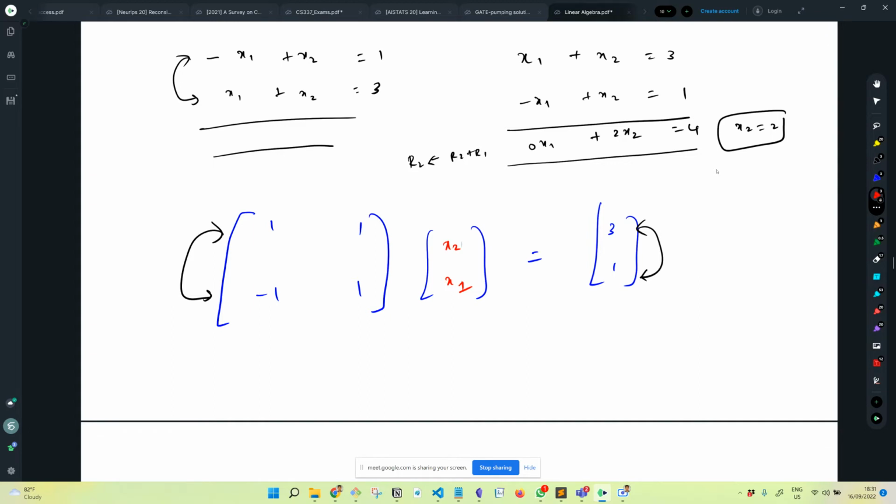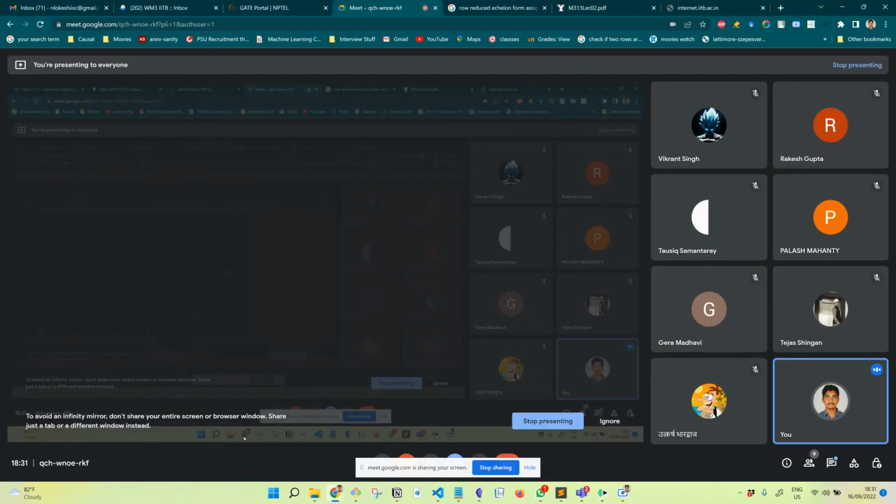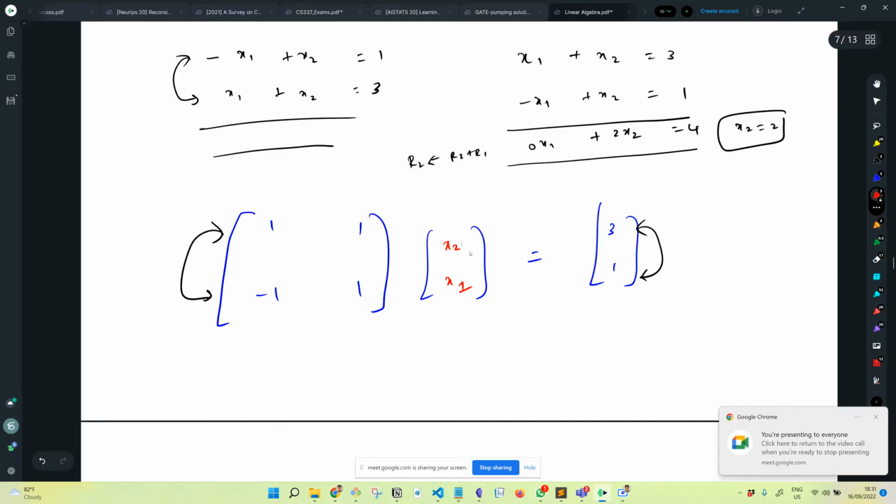Can somebody tell me what is wrong in this? Am I still there, am I audible? Okay. Is somebody able to notice a fault in permuting x also?